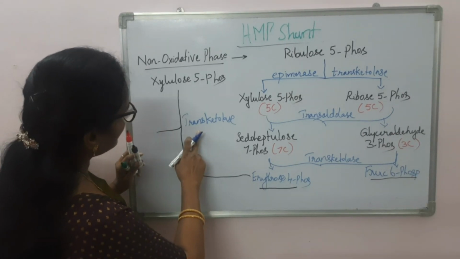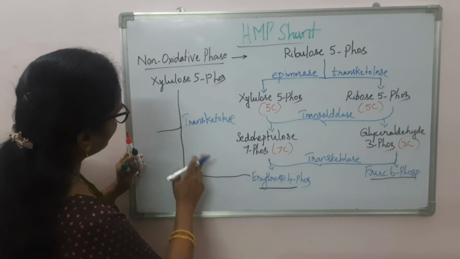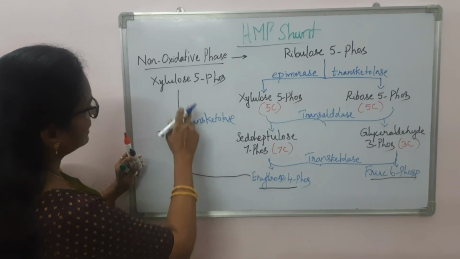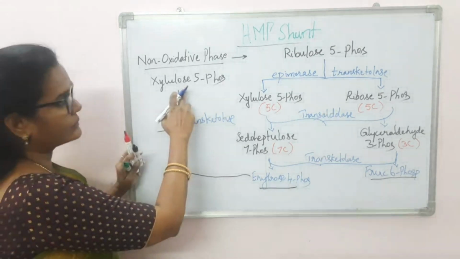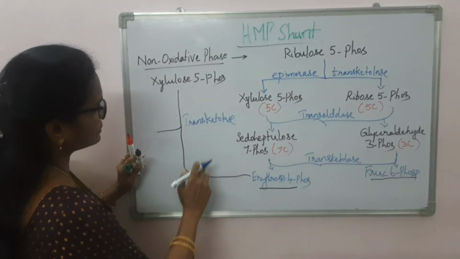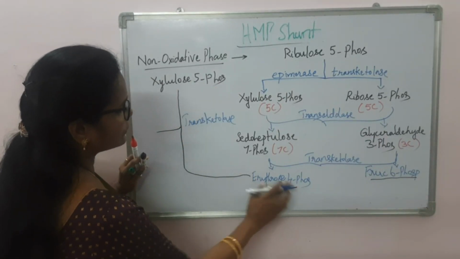So this transketolase transfers a 2-carbon fragment from xylulose 5-phosphate to erythrose 4-phosphate.